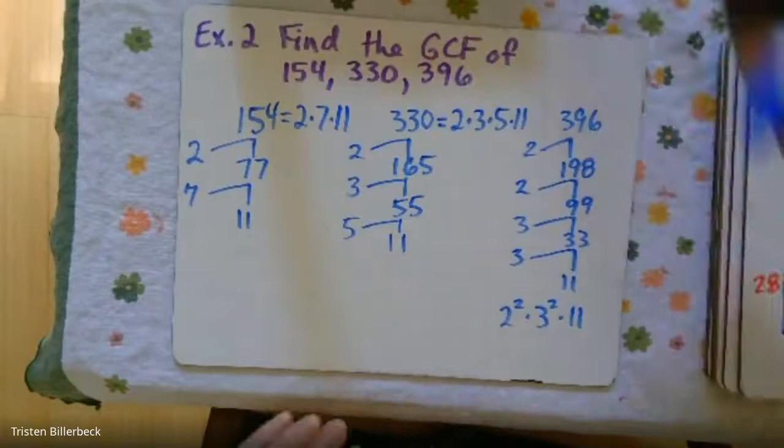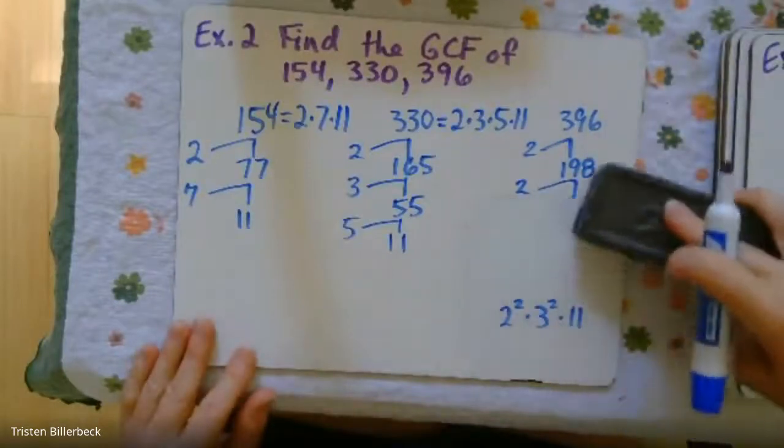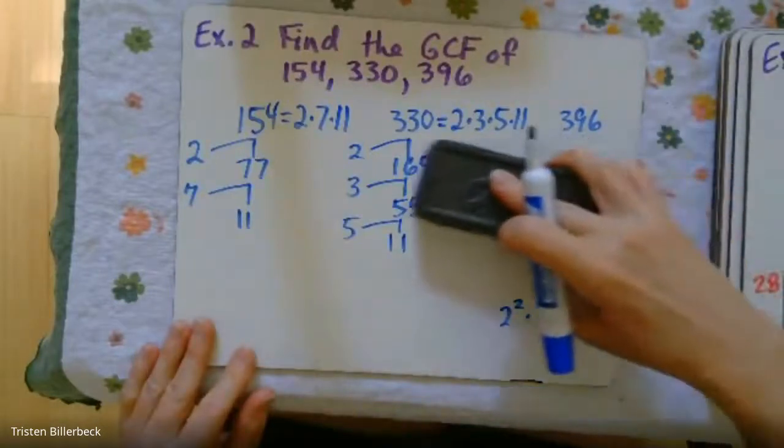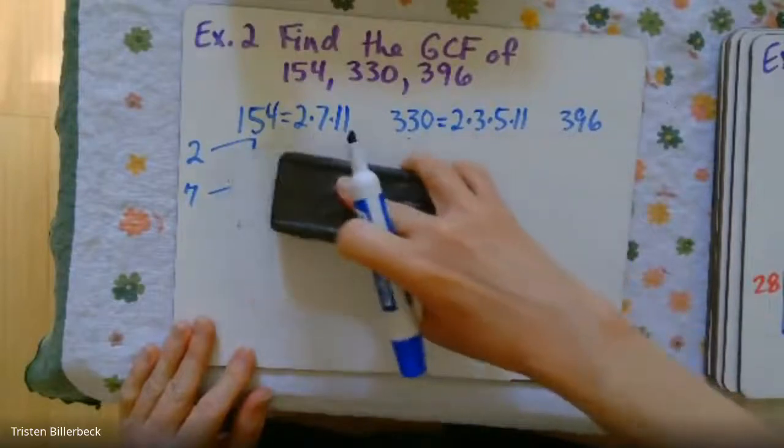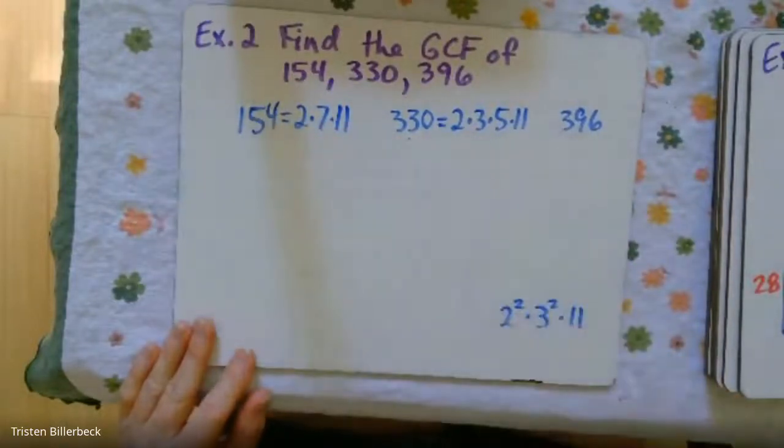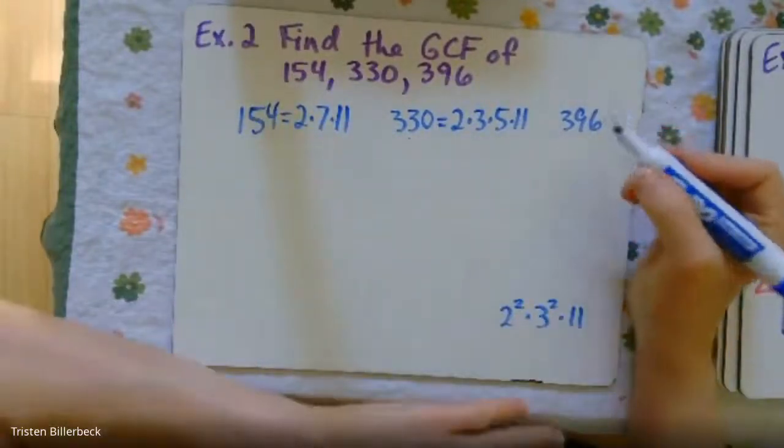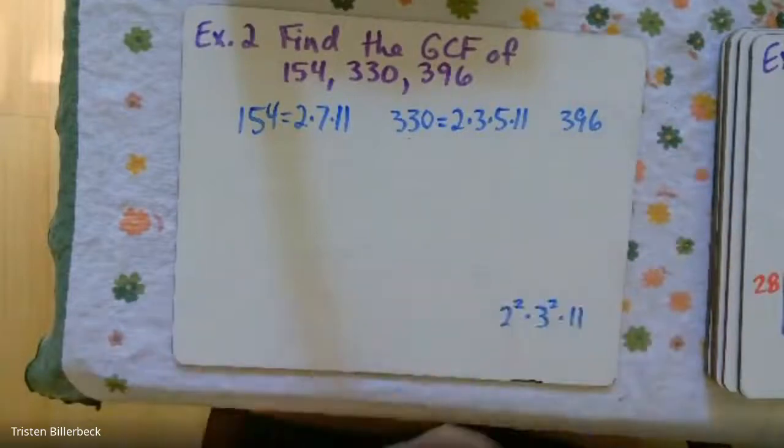Okay, so we did our hard work having lifting here. So let's go ahead and erase these trees. All right, so let's rewrite these numbers so we can see what our greatest common factor is going to be.